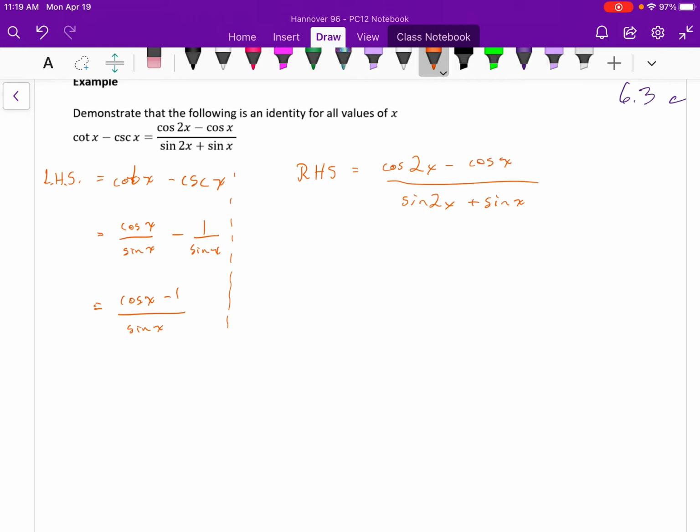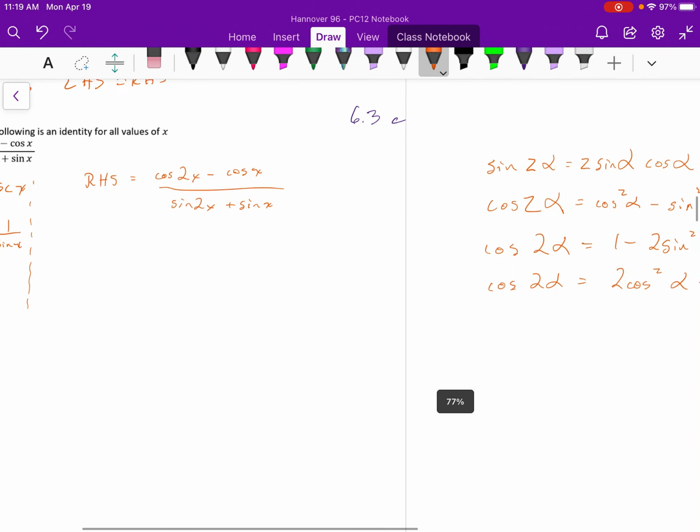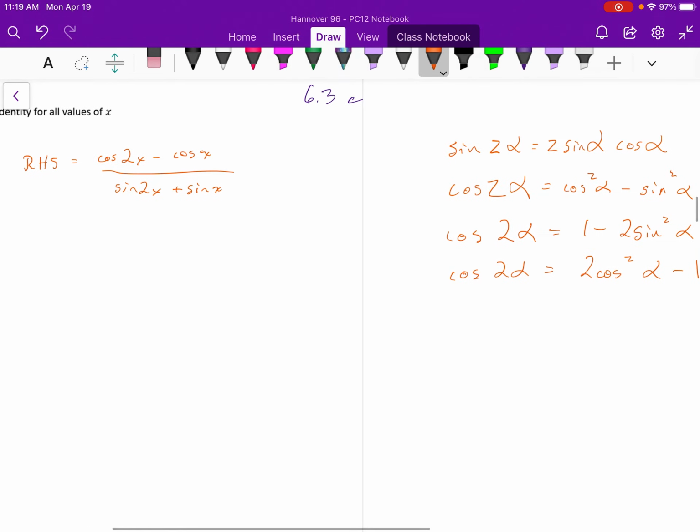Admittedly, the right-hand side looks a little bit more robust. So I'm going to take a look at my identity sheet, and maybe, just maybe, I'm going to figure something out. And when I do, I have double angle identities, which should pop out at us, right?